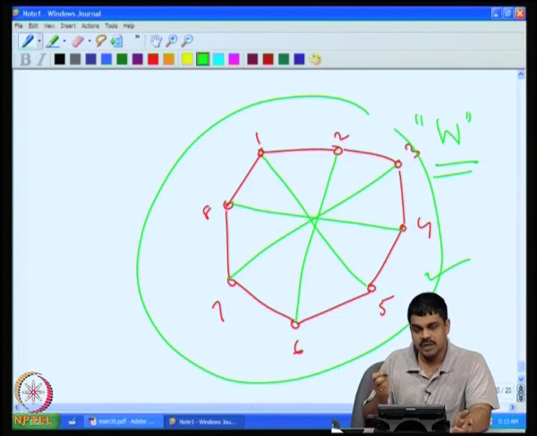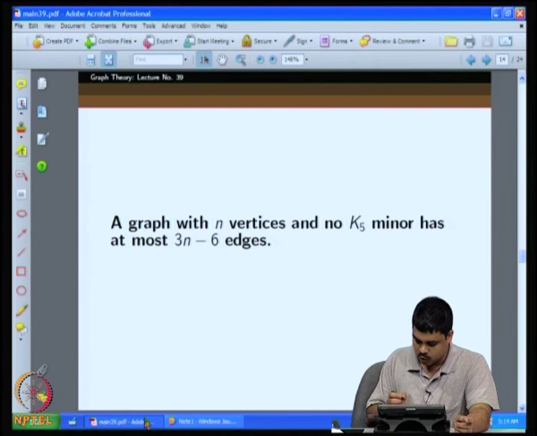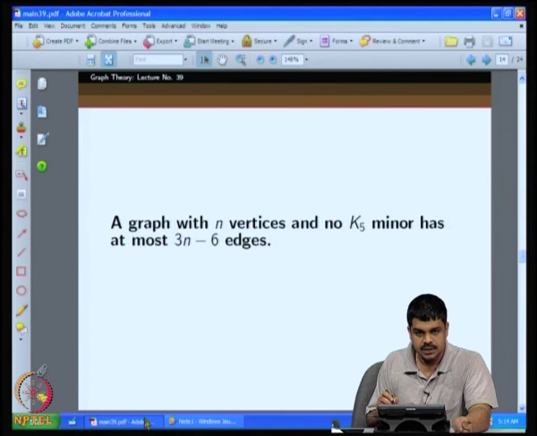Because when you add an edge and lose planarity, then a K5 or K3,3 minor may come. That is not direct, you need a proof for that, but he proves it. So we only need to bother about plane triangulations and this particular graph. These are the edge maximal cases.